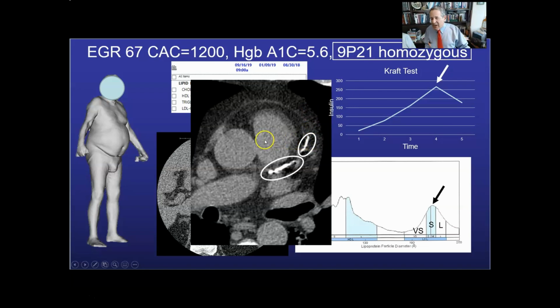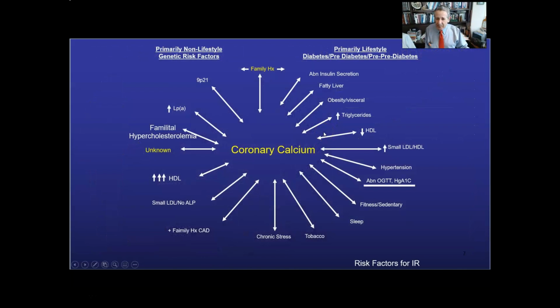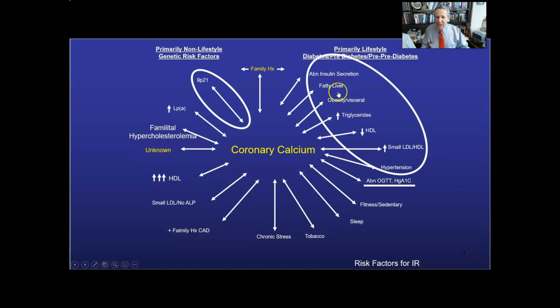So he was really at high risk, not recognized on conventional testing. So here he is, 9p21 homozygous, allowing small LDL particles to filter into the vessel wall. And he had abnormal insulin secretion, fatty liver. He had all these risk factors, but he hadn't reached an abnormal glucose.